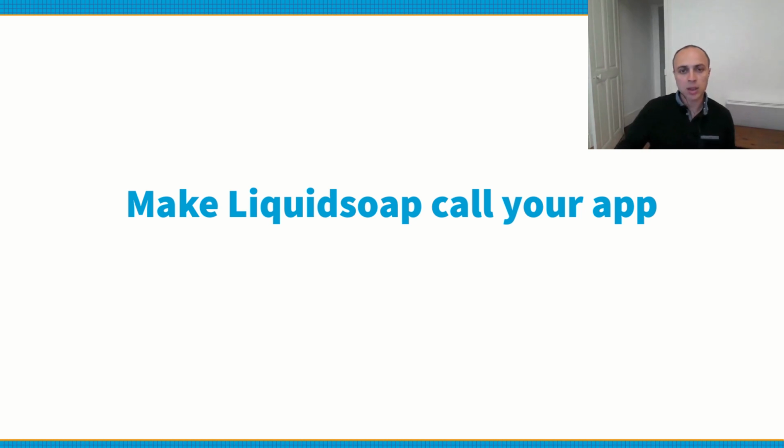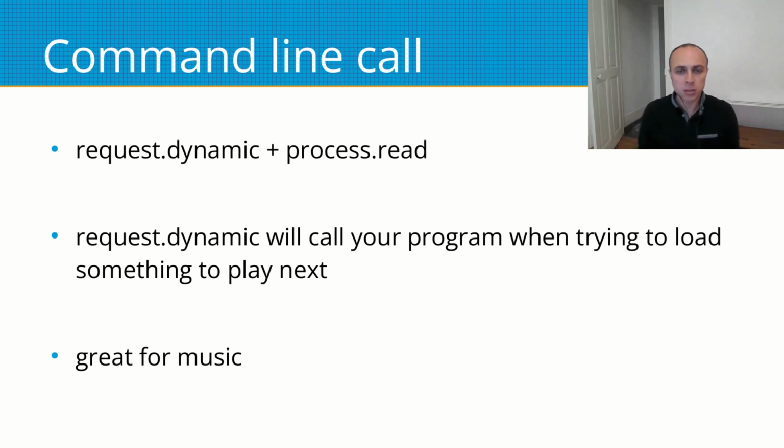So let's start by the simplest method. Call your application directly from Liquidsoap. I think the very simplest one is to call a command line process. This goes very well with request.dynamic and process.read in your Liquidsoap script.